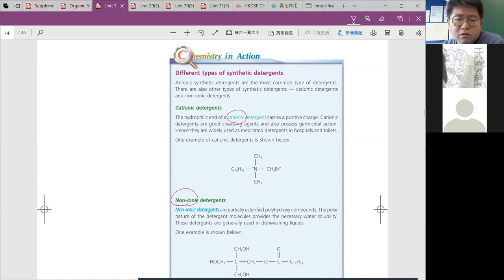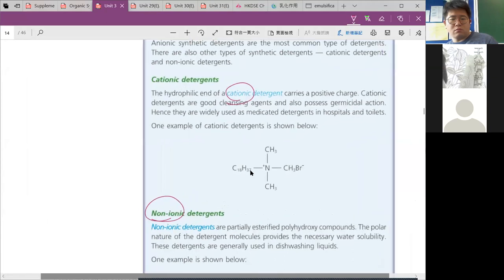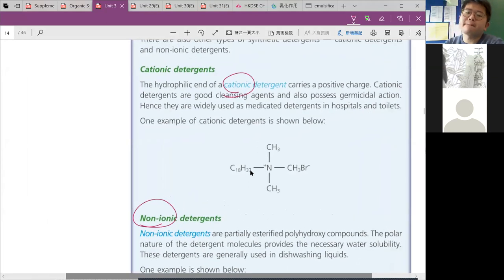Could you please circle it onto this structure? Which one is hydrophobic? Which one is hydrophilic? Which part? Yes, the circle part.